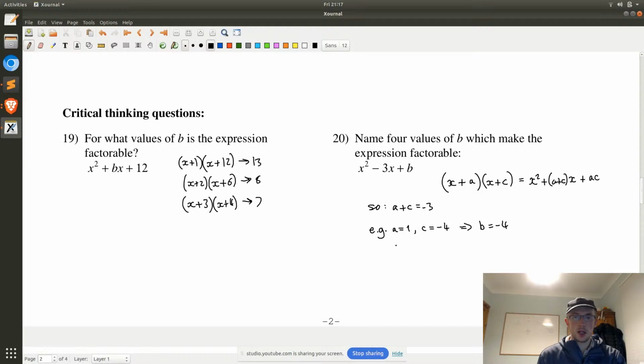And then let's try 2 and -5. And when you do this, that implies that b is -10. 3 and -6, making b -18.